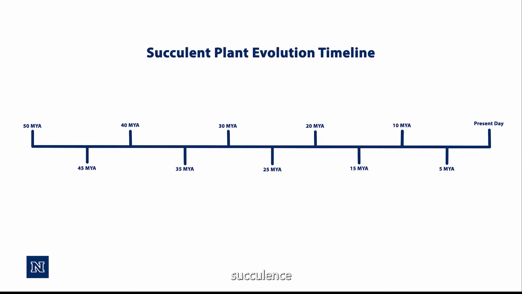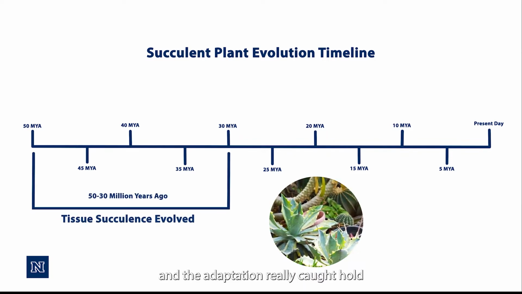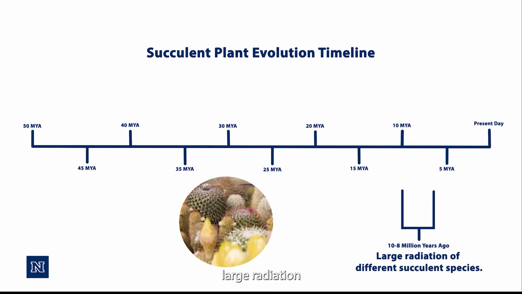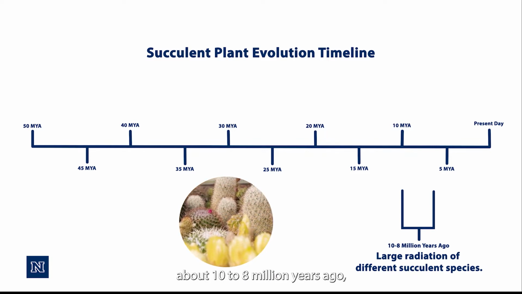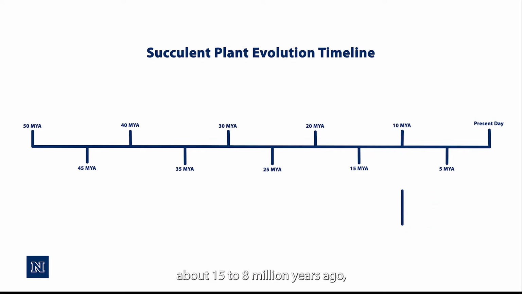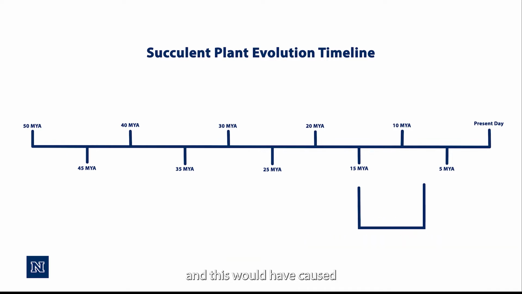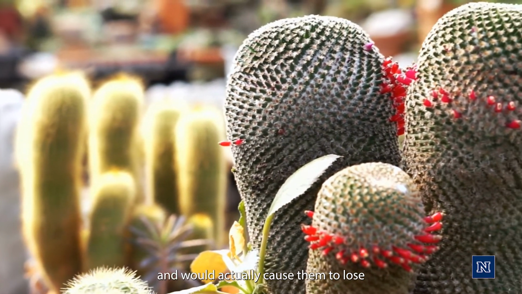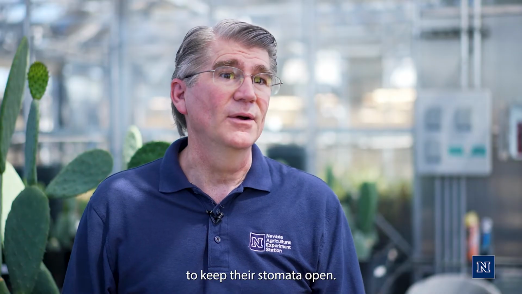It's thought that tissue succulents evolved about 50 to 30 million years ago, and the adaptation really caught hold, and there was a large radiation of different succulent species about 10 to 8 million years ago. About 15 to 8 million years ago, there was a decline in atmospheric CO2 levels, and this would have caused a stress on plants and would actually cause them to lose more water because they would have to keep their stomata open.